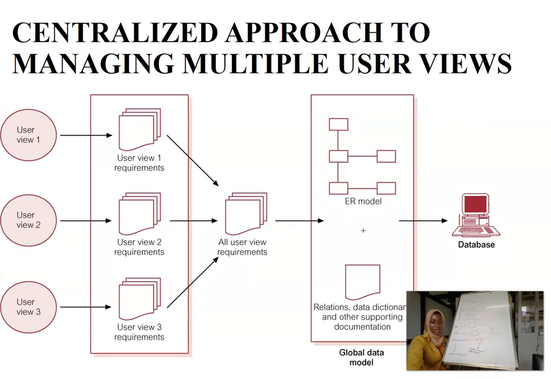So this is what we are looking at. You have these different user views, okay? Each particular user view has its requirements, user requirements. These user requirements, okay, are collected into one requirements document that we could maybe call a requirement specifications document.